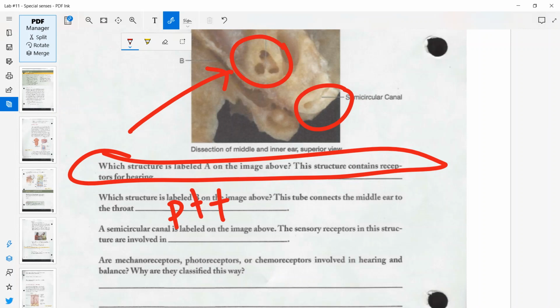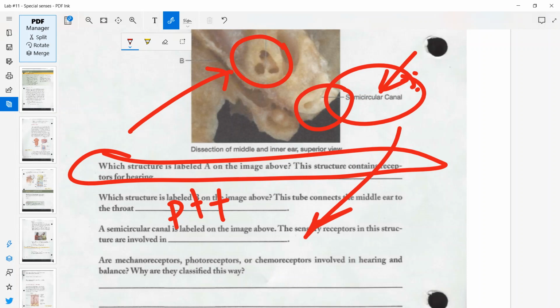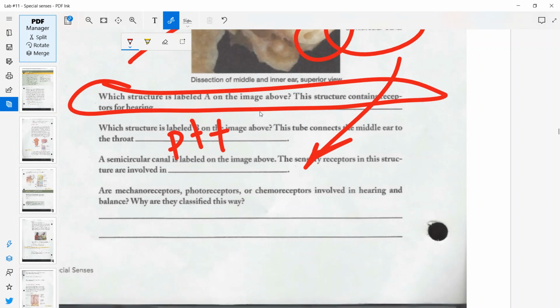A semicircular canal that is labeled here contains sensory receptors that are necessary to detect rotational movements. Hearing and balance, that's mechanoreceptors because they respond to various mechanical stimuli.